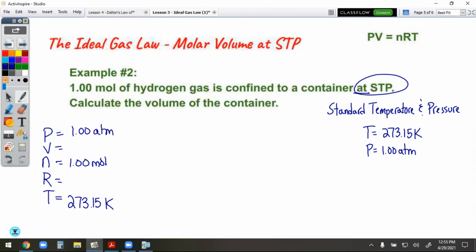Remember, R is a constant, meaning it is always going to be the same number. It's always known, even if it's not explicitly stated in the problem. So we can go ahead and fill in R as 0.0821 liter atm over mole Kelvin. In this case, we're going to use PV equals nRT to solve for volume.